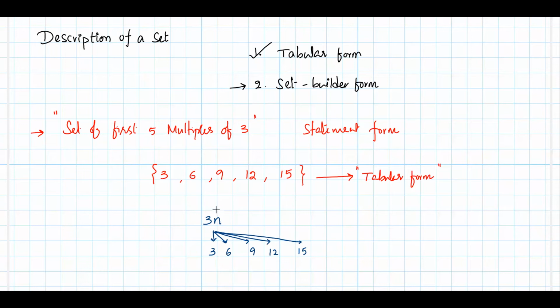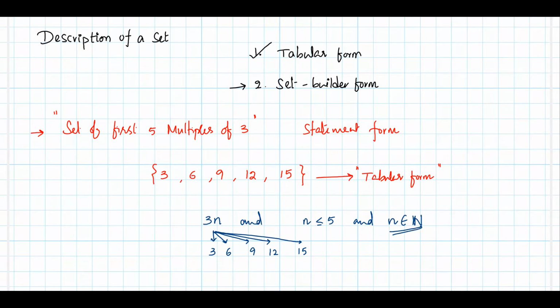So we have to put some restrictions on this n. How do we do that? We say that we need 3n, and n should be less than or equal to 5, and n belongs to natural numbers. Why do we have to mention natural numbers here?